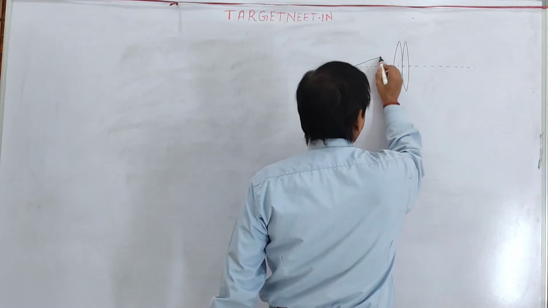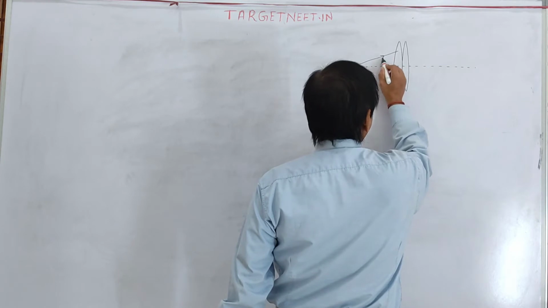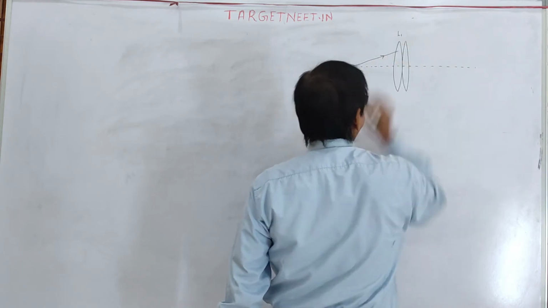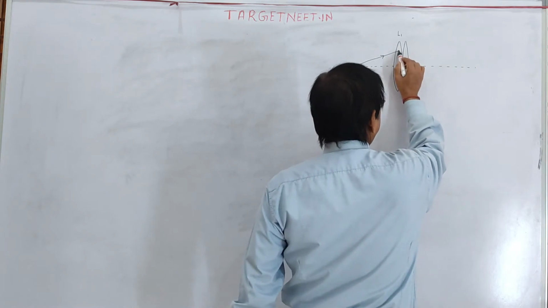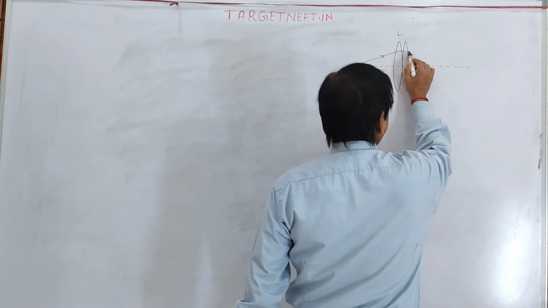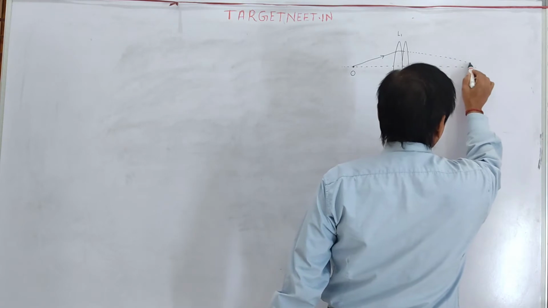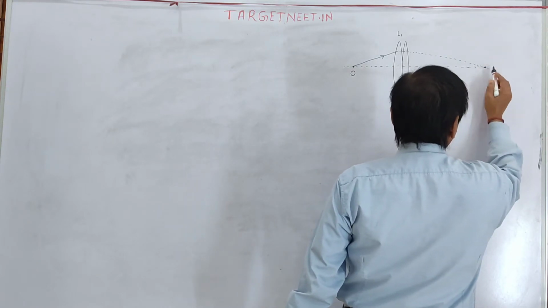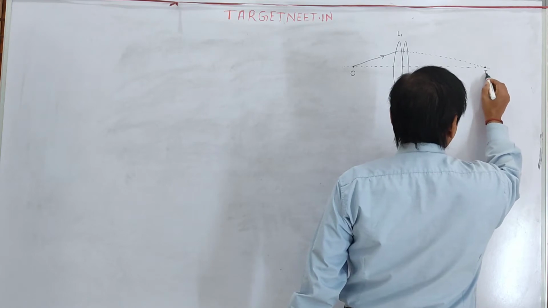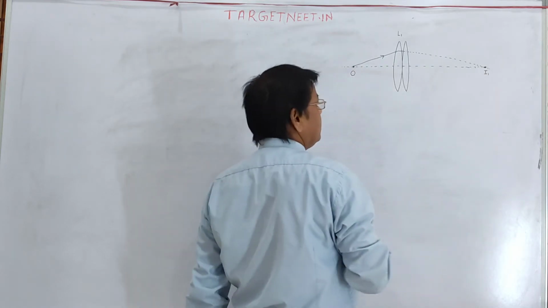This is the incident ray on the first lens L1. Now if there is no second lens, then this ray would have gone like this and met the principal axis somewhere here. So this is the image formed by the first lens.